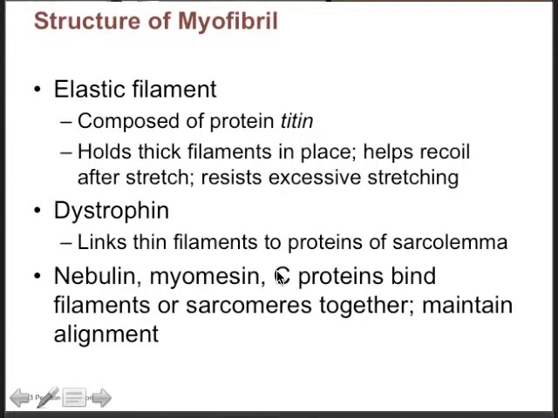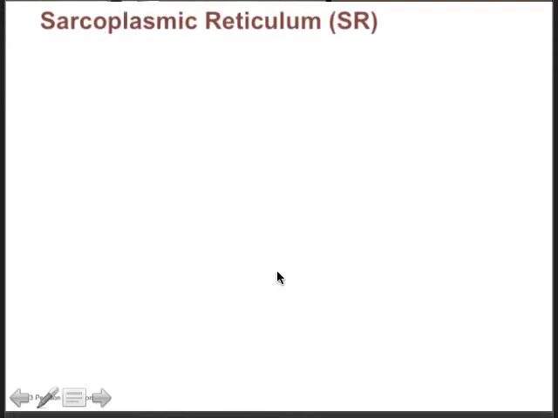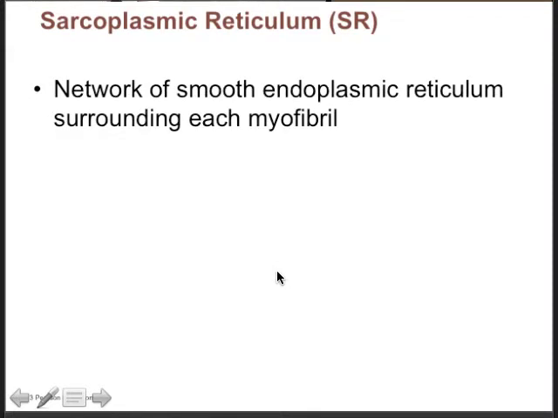Okay, nebulin, myomesin, and C proteins bind the filaments of the sarcomeres together, and they help maintain alignment. The sarcoplasmic reticulum is a network of sacs that contain large amounts of calcium inside the muscle cell.